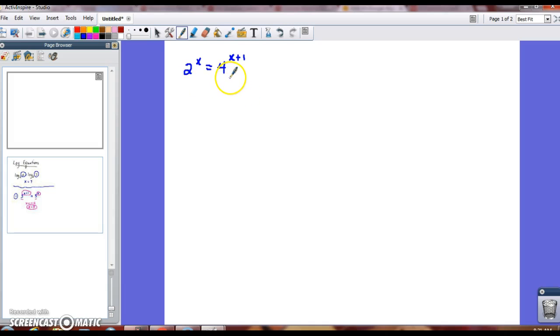I can change the way I've represented a number. I can say that 4 is equal to 2 squared. I haven't changed equality, I just changed the way I wrote it. And if you look over here, I already have 2 as my base. So if I rewrite this side of my equation so that it has the same base as this side, that's going to make my life a lot easier. So I can rewrite 4 as 2 squared, and then I have this x plus 1.